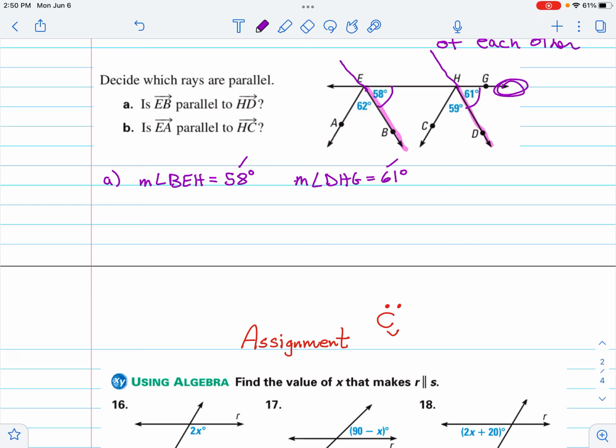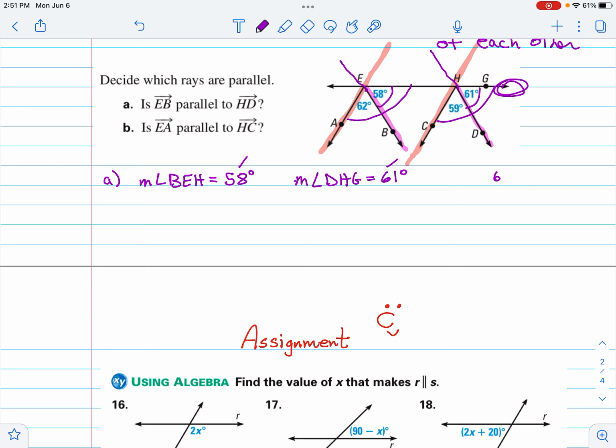Now let's look at the other one here. We've got EA. Let me get a different color. So here's EA, and I'm wondering if that's parallel to HC. Well, it's parallel if these angles are congruent.